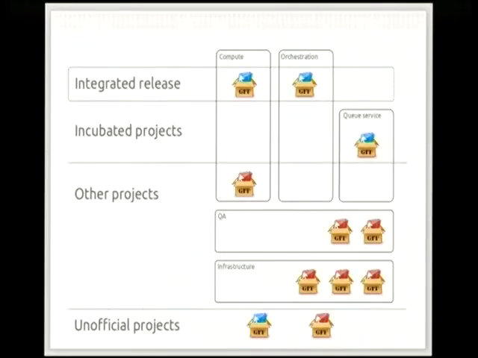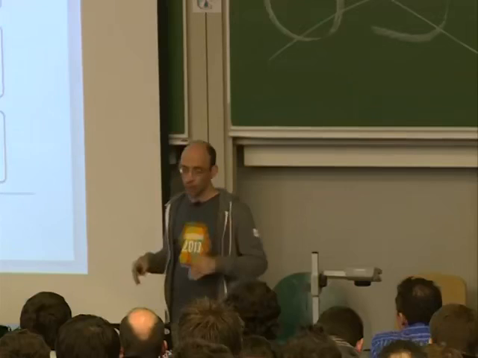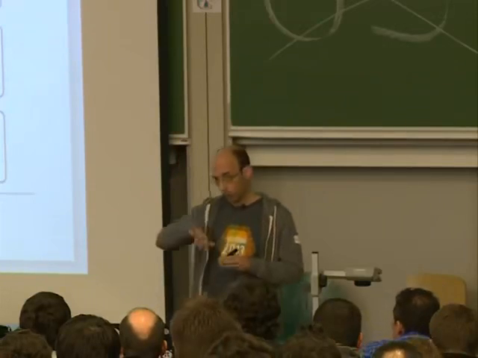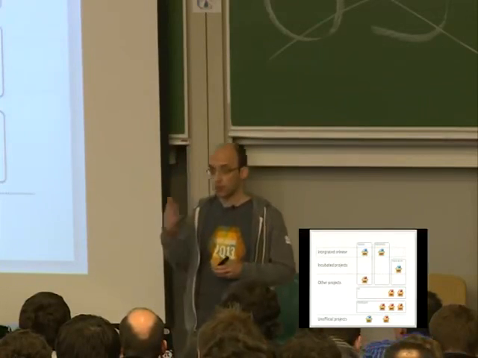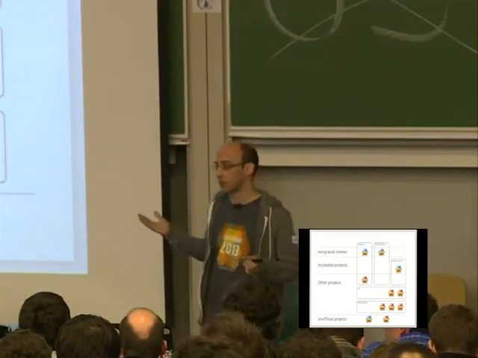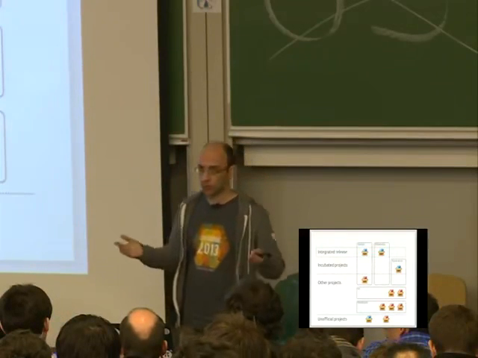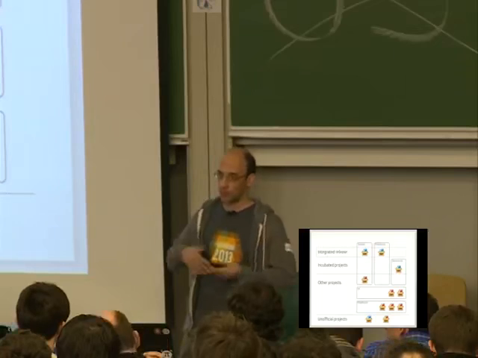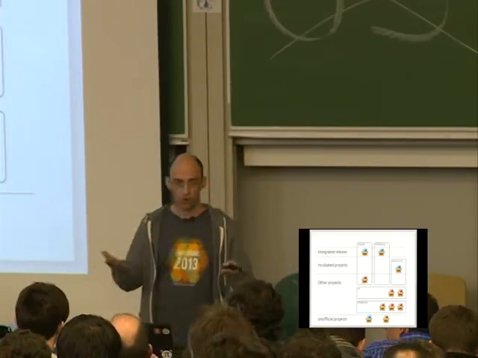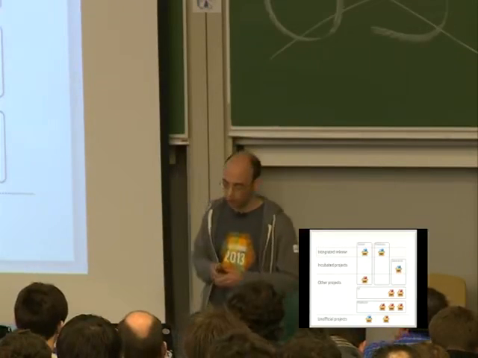Our main deliverable is what we call the integrated release. That's the stuff that we release every 6 months as a common thing. There are incubated projects, which are projects that want to become part of the integrated release, and there are a number of other projects. We regroup those projects in what we call programs, which are basically teams of developers from various companies that get together with a common goal and work on a given number of code repositories.